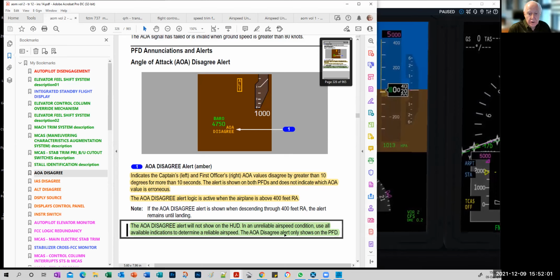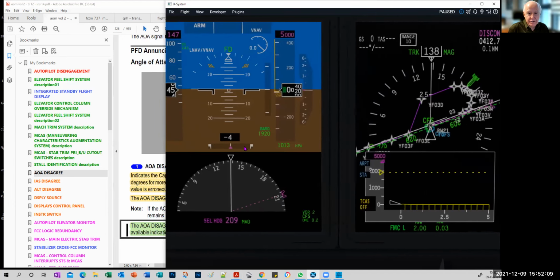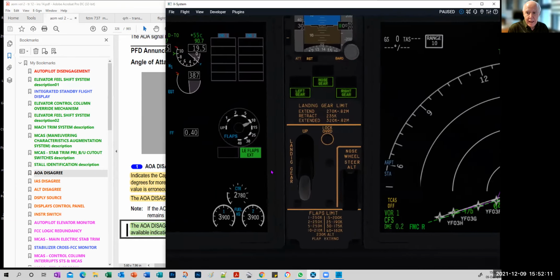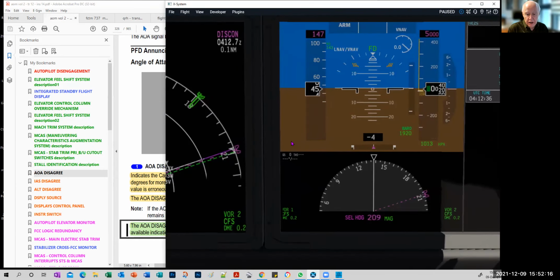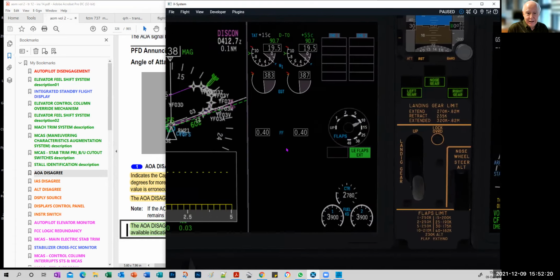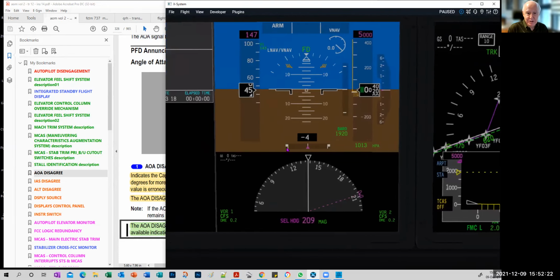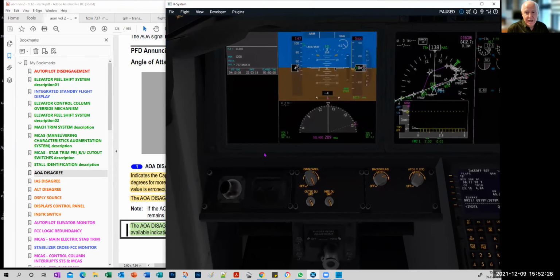The AOA disagree alert only shows on the PFD, on both PFDs. So at the bottom of the captain's and at the bottom of the FO's in this position here. Incidentally, they're really tiny messages and hard to see.